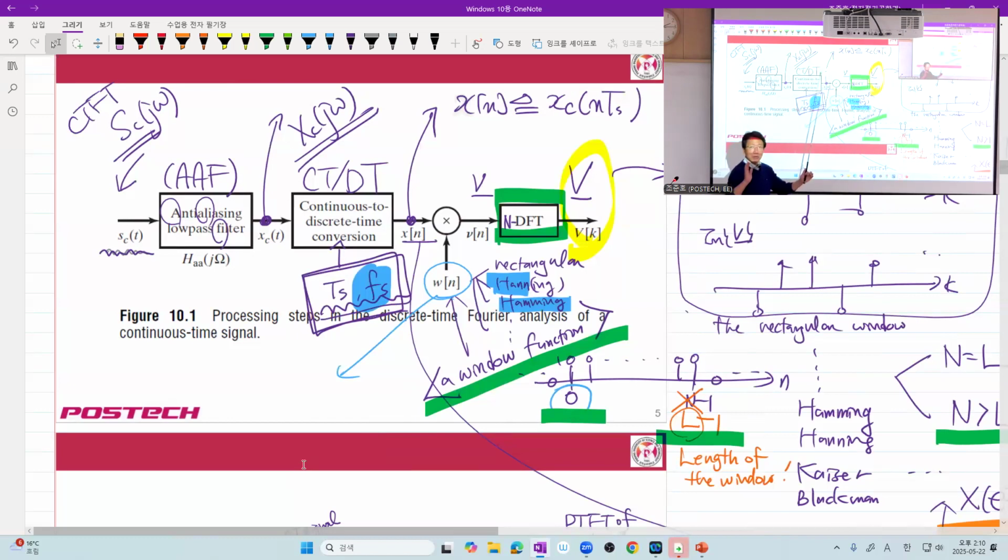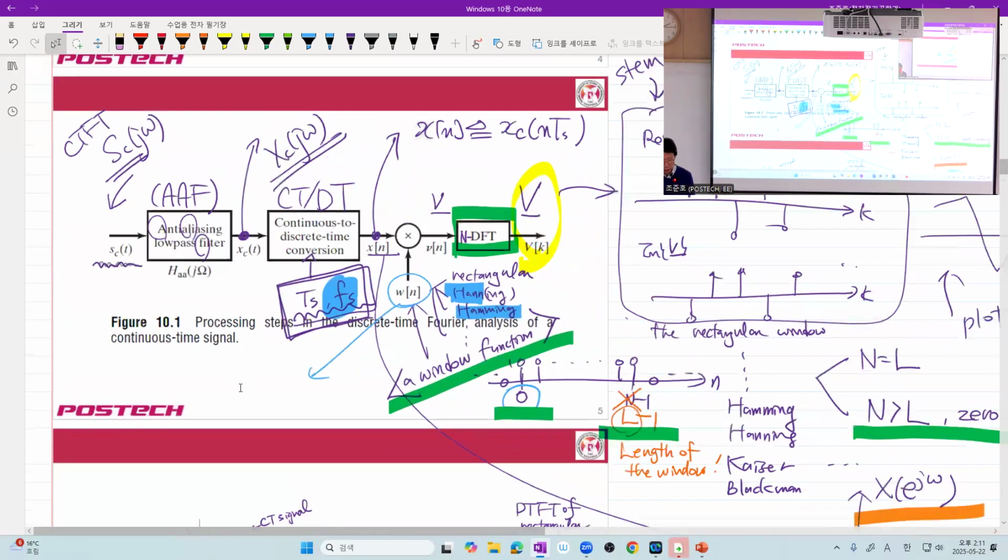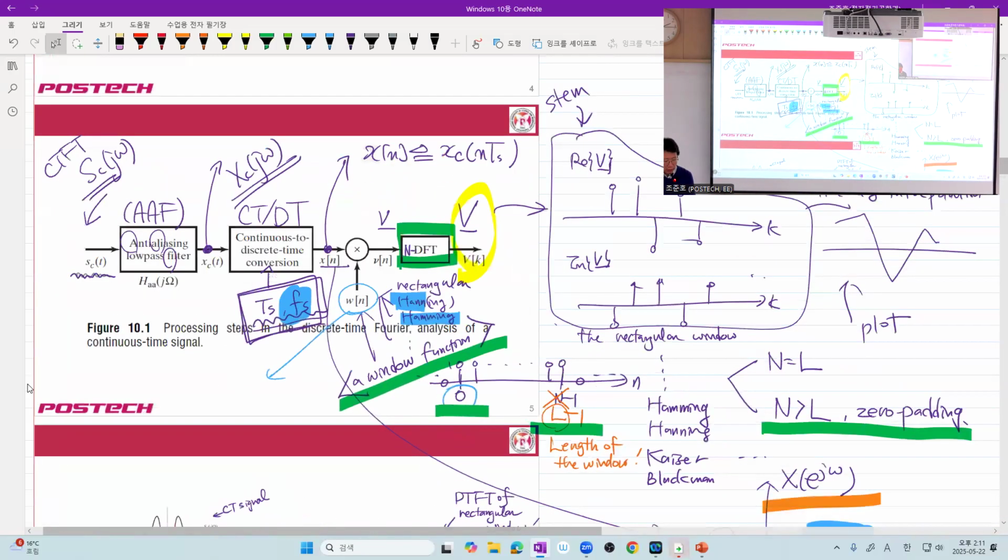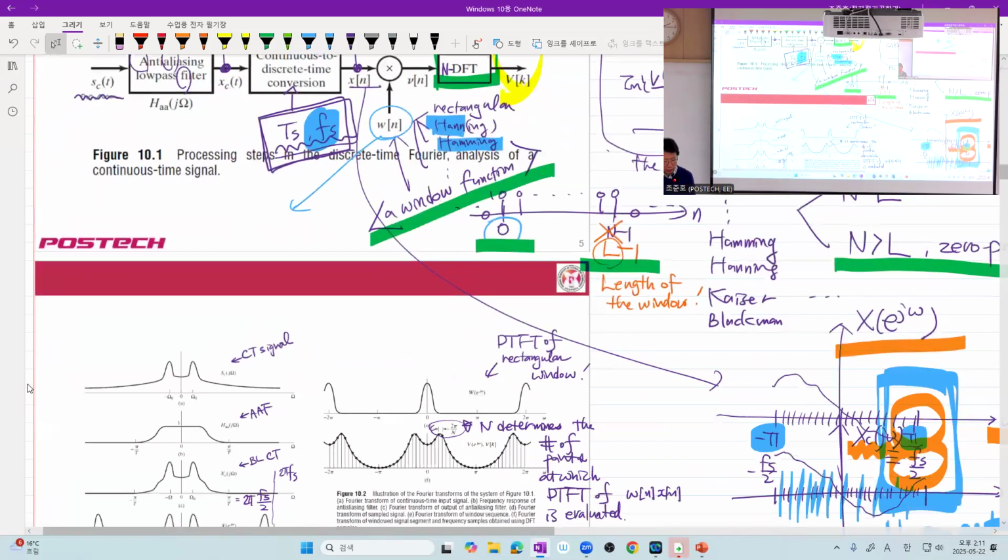Only the sampling rate determines that in the DTFT, pi corresponds to half the sampling rate. Got it? So that was what was emphasized in the last part of the last class meeting.